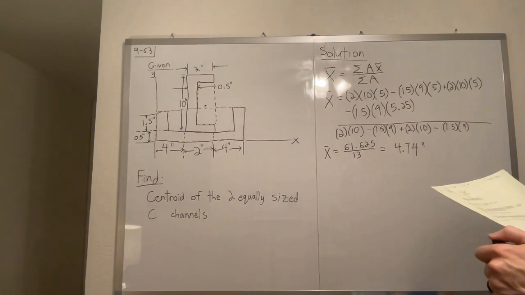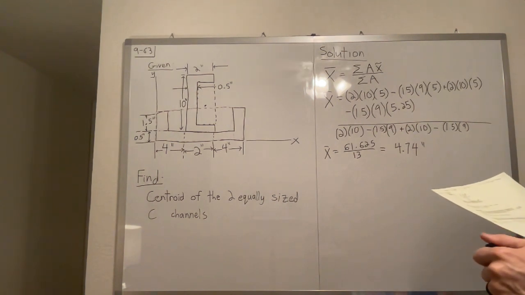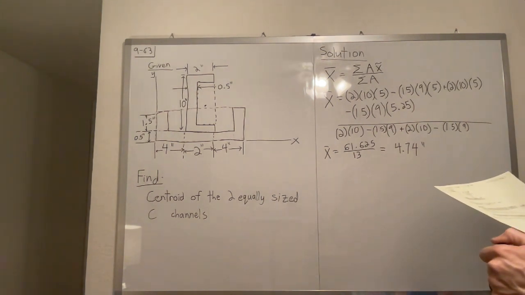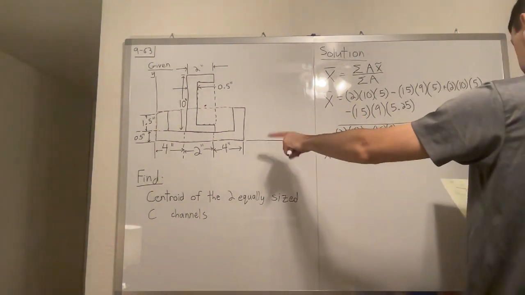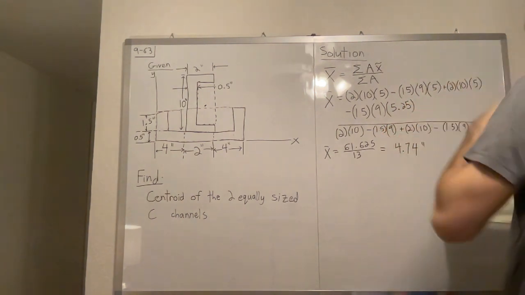So it is at 4.74 inches that we have our centroid in the x direction.